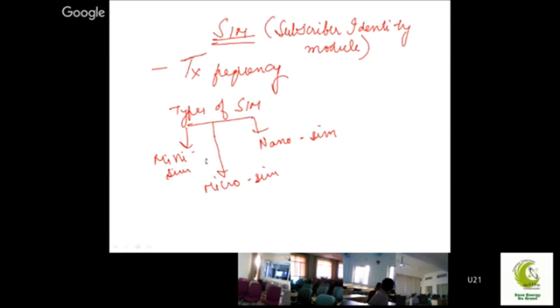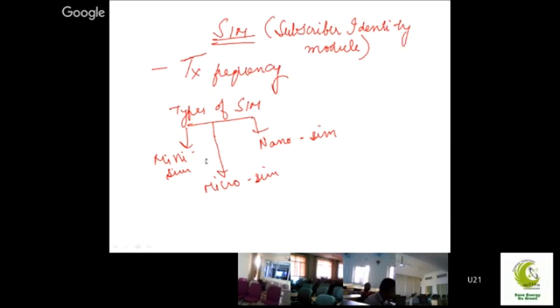Plus these SIMs, the mini, micro and nano SIM, you can see that if you buy a new SIM you get all three variants, because the transmitting frequency is the same for all the networks, to connect to a network and access its features.